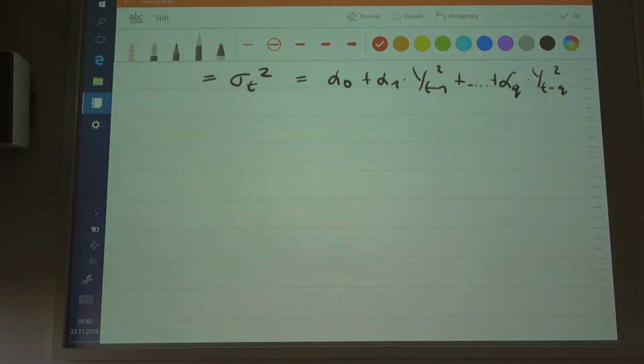The unconditional variance is not necessarily time dependent, even though the conditional variance is. So the question is: under which circumstances is an autoregressive conditional heteroscedastic process stationary? There are conditions for that too, so I will summarize this in the next proposition.